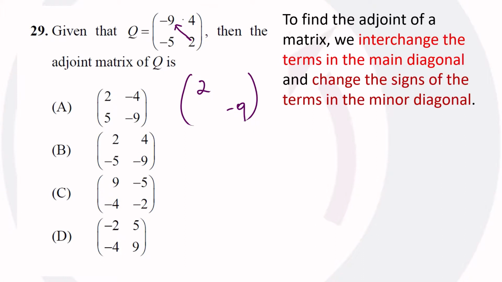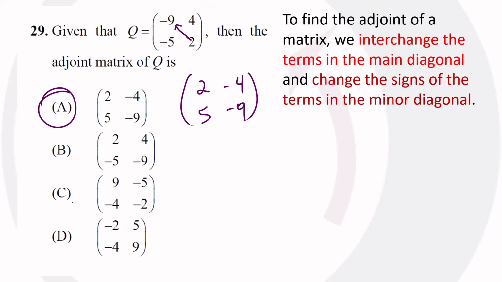So if it's positive, it will become negative 4, and if it's negative, it will become positive 5. Which one matches? We have 2, 5. So it matches A.